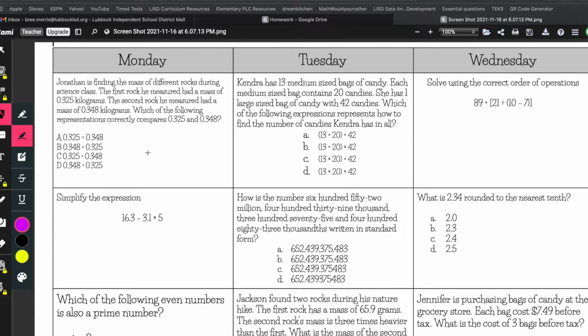The first one says, Jonathan is finding the mass of different rocks during science class. The first rock he measured had a mass of 325 thousandths kilograms. Ooh, this is no good. I don't like that. That's better. Let me erase.